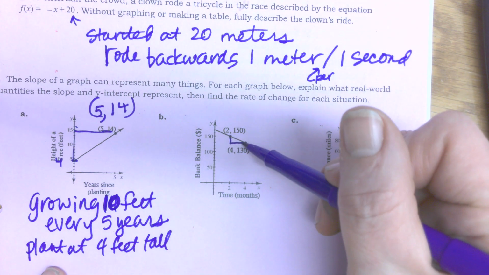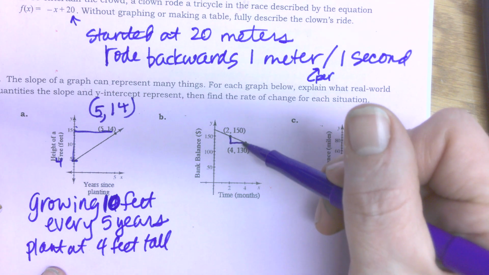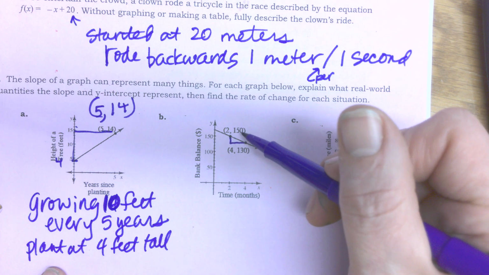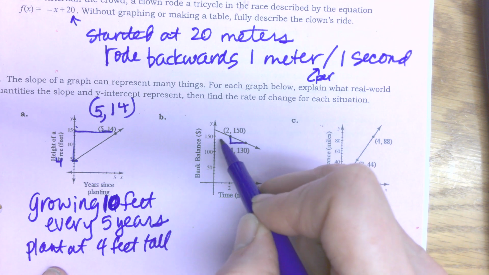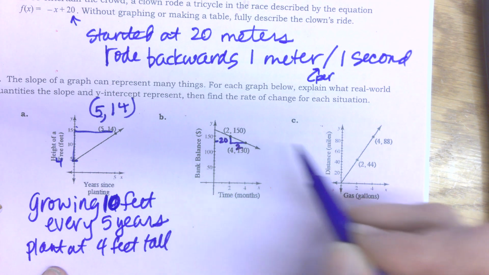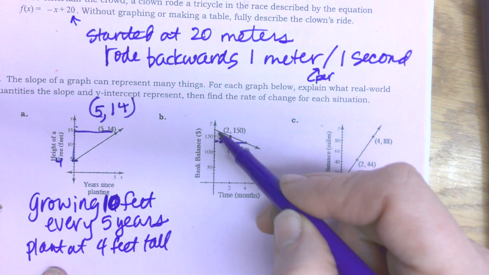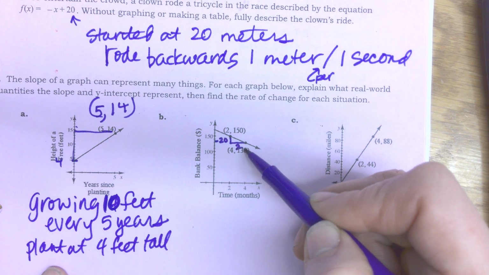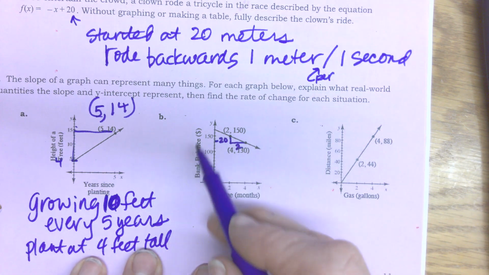They're going up $150 every 2 months, I think. It looks like they're going down. Yeah, down 20 every how many months? Every 2 months. 150 to 130. Down 20 every 2 months. So what is this?